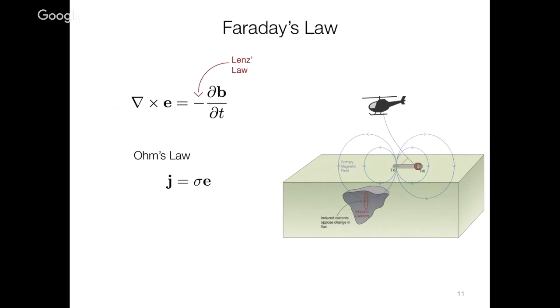Then there's Faraday's law, that the time rate of change of the magnetic flux generates an electric field. So if I take a magnetic field and I change it as a function of time, then I'm going to generate an electric field, but that electric field also has a curl to it.